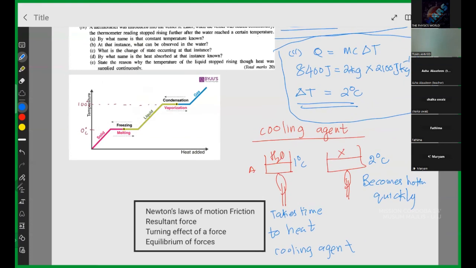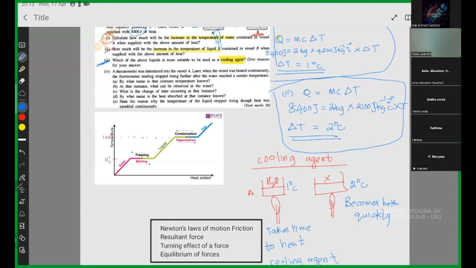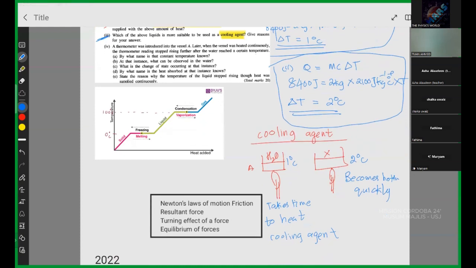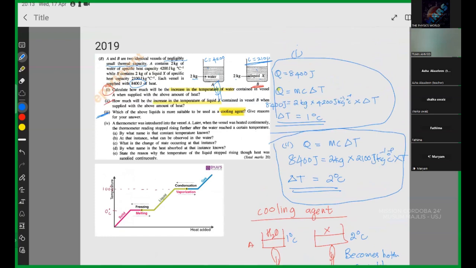Now read the question here. Which of the liquid is more suitable to be used as a cooling agent? So which one? Water. Because you can say that the rise in temperature is less. Or else, what's the other thing that you can say? Water has a greater specific heat capacity.